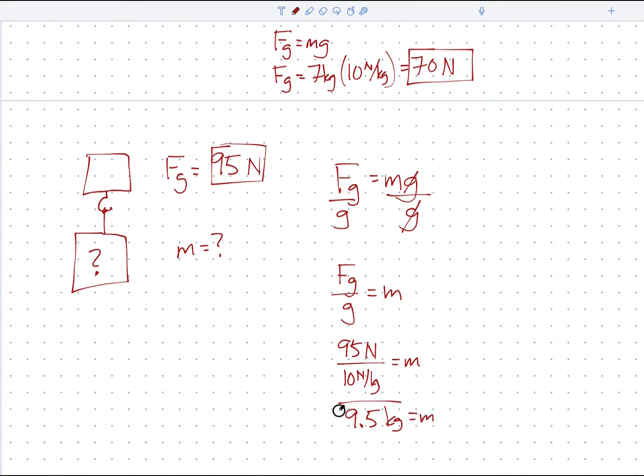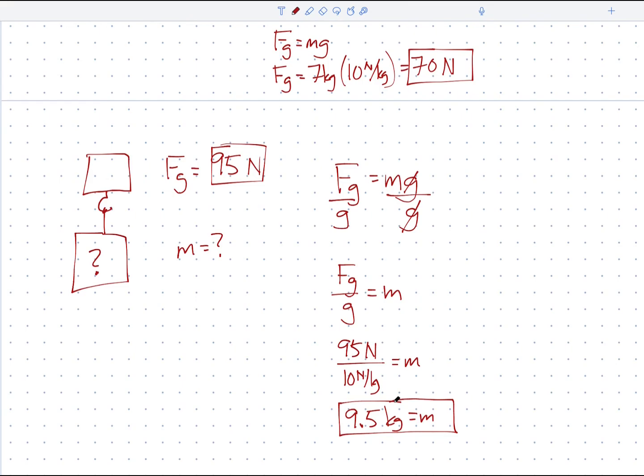And that would be the mass for the weight of something that is 95 newtons. So you can find the mass if you know the force of gravity because we know what little g is, and the only thing we don't know in this equation then is the mass.